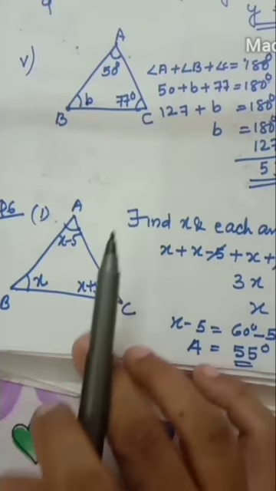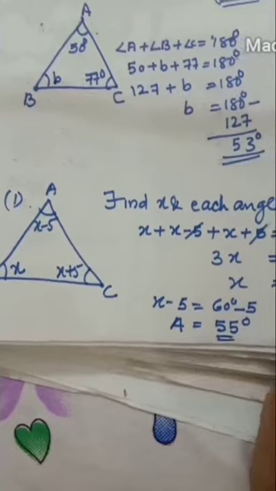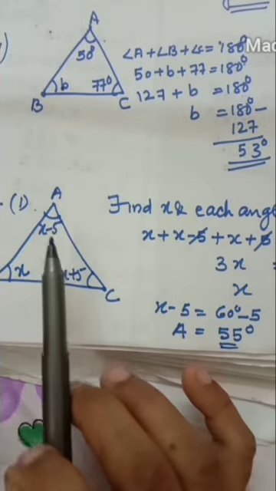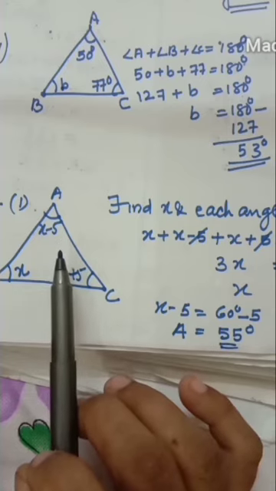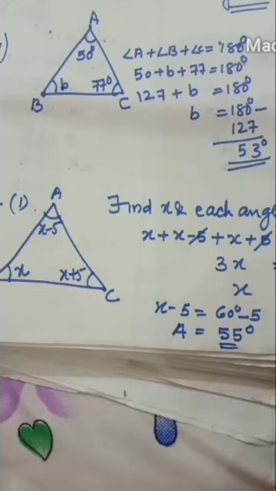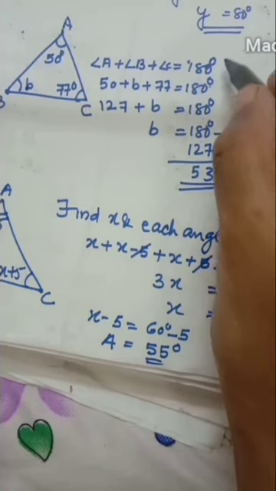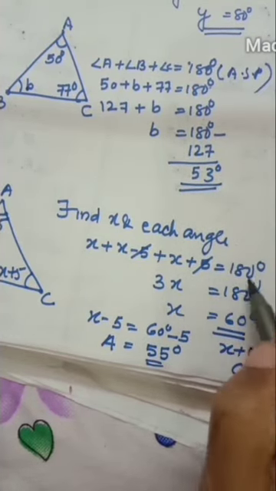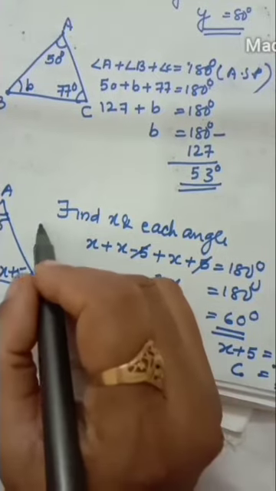Next, question number 6. Question number 6 also, the unknown variable is x. So x plus 5, x minus 5 equal to 180 degrees. Angle sum, everywhere you have to write the angle sum property. Here also the angle sum property.